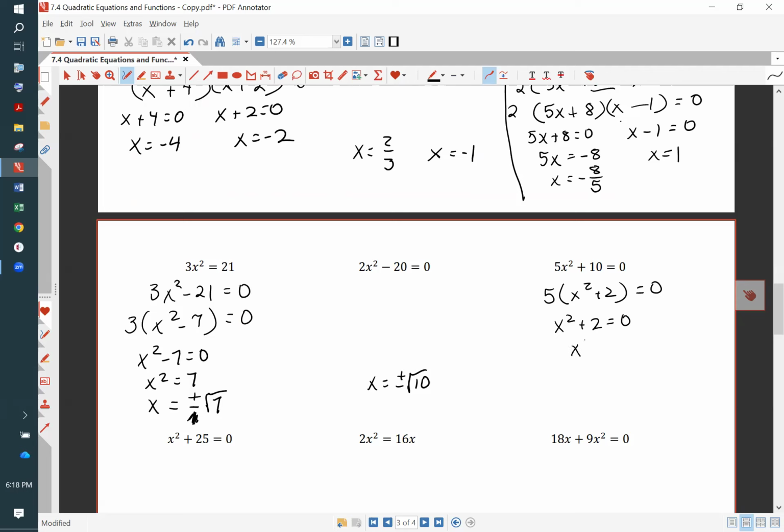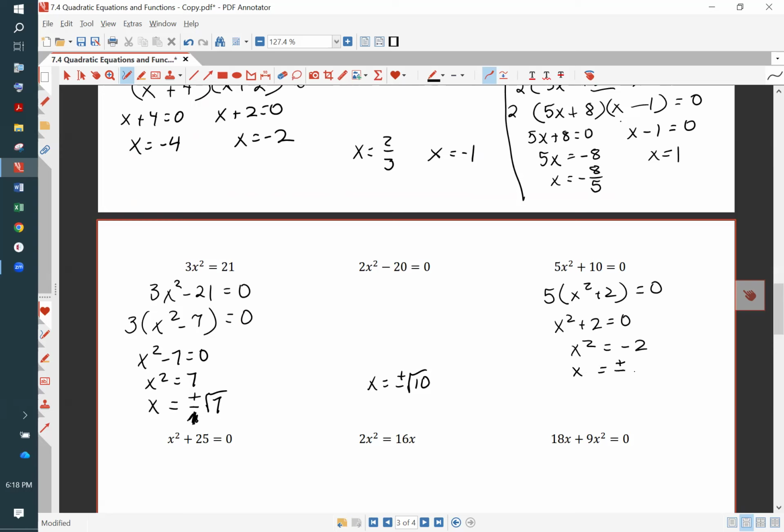That means x squared equals minus 2. And that means x equals plus or minus the square root of minus 2.